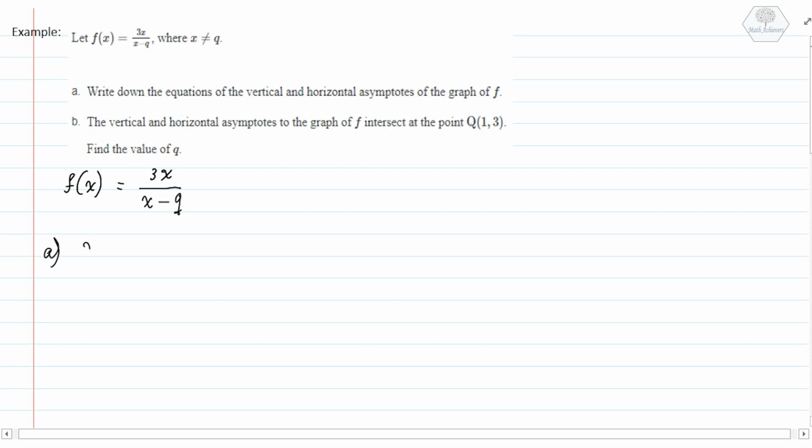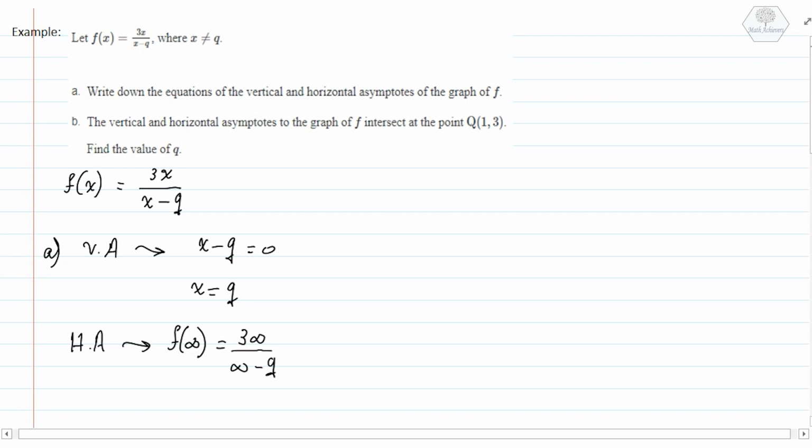First, we start with the vertical asymptote. We've said that the vertical asymptote occurs when the denominator is equal to 0. So I need x minus q is equal to 0. So my vertical asymptote is x equal to q. The horizontal asymptote: when x goes to infinity, I need to find f of infinity, which is equal to 3 infinity over infinity minus q.